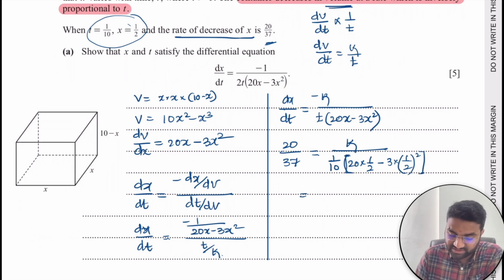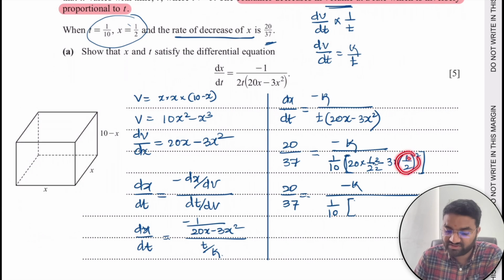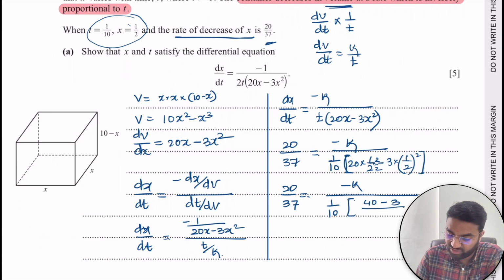Simplify this whole thing. So here 20 by 37 on the left hand side is equal to minus k over 1 by 10 in a bracket. Here multiply 2 by 2 because we have 1 by 4, so it will be 40 minus 3 upon 4. Alright, so take this 10 times 4 to the numerator.